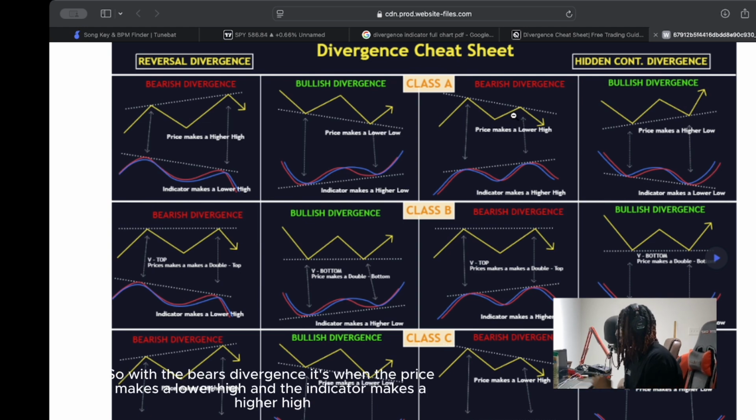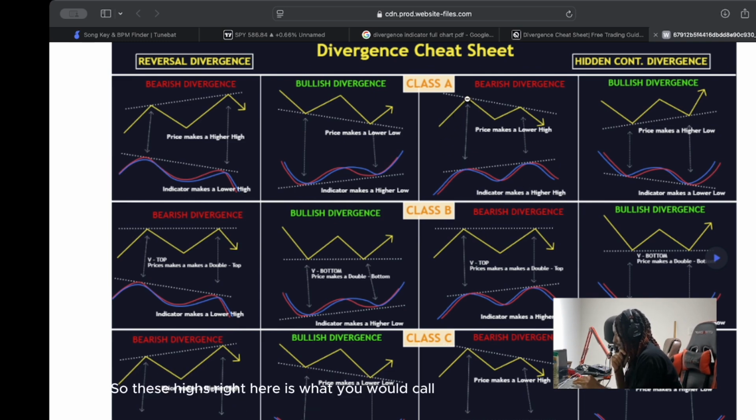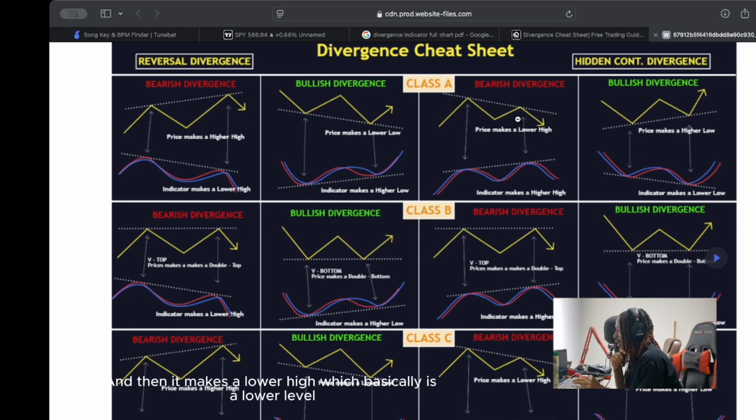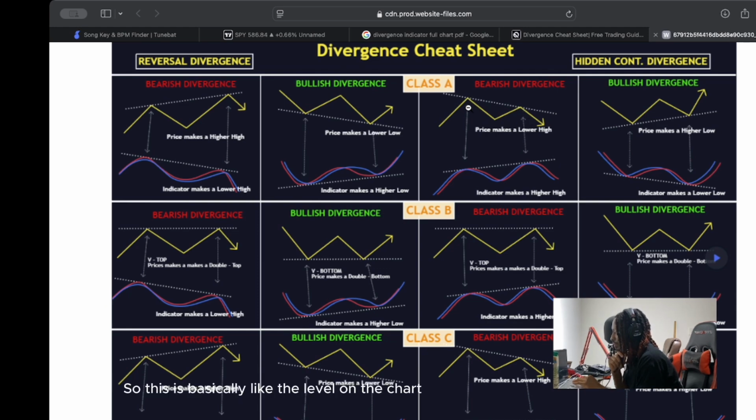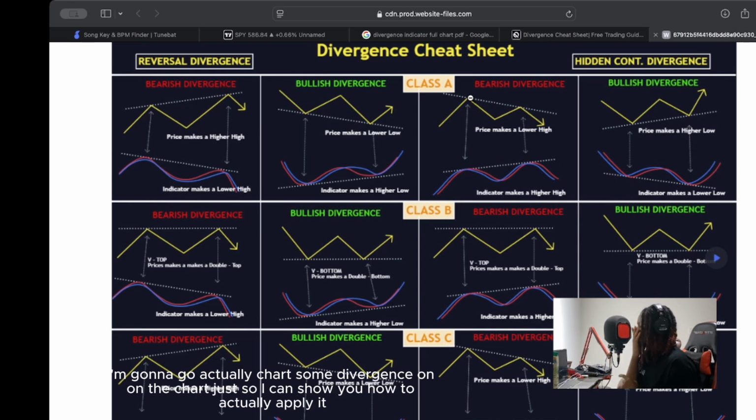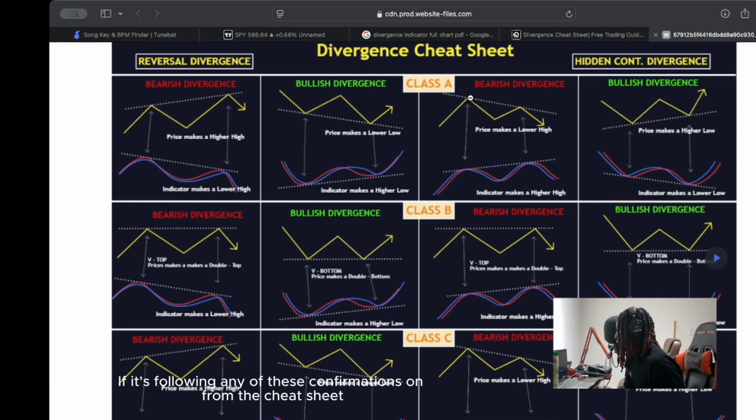With the bearish divergence, the price makes a lower high and the indicator makes a higher high. These highs right here, that's your first high, and then it makes a lower high, which is basically a lower level on the chart. I'm going to chart some divergence on the chart to show you how to apply it if it's following any of these confirmations from the cheat sheet.